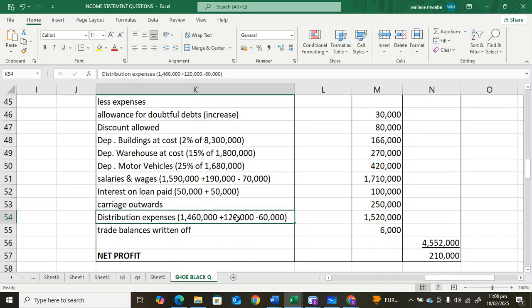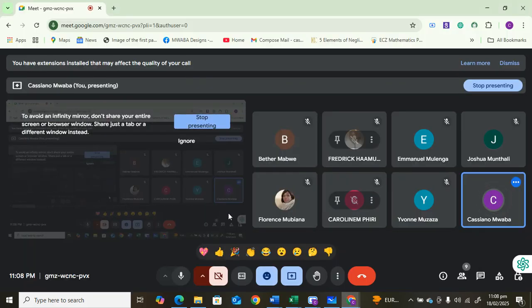So this 120,000, which is an accrual, on the balance sheet, where are we going to find it, colleagues? Let's see who's dozing and who isn't dozing.